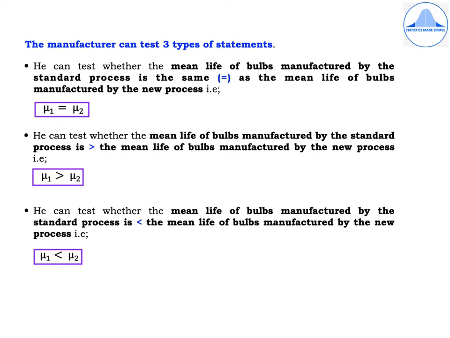The second possibility is he can test whether the mean life of bulbs manufactured by the standard process is greater than the mean life of bulbs manufactured by the new process. That means mu1 is greater than mu2. Or the third possibility is he can test whether the mean life of bulbs manufactured by the standard process is less than the mean life of bulbs manufactured by the new process. That is, mu1 is less than mu2.